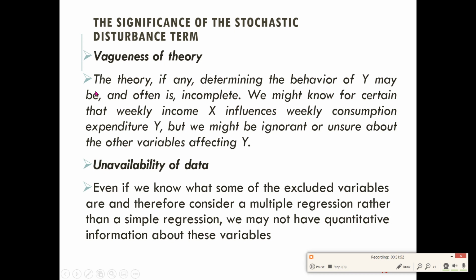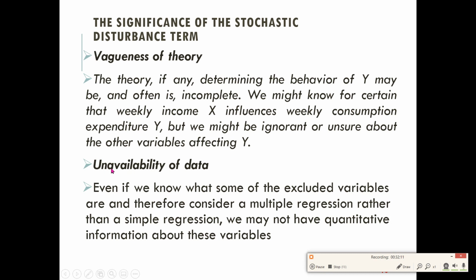So you see, there may be vagueness in the theory: the theory is only reflecting upon income and consumption, but actually consumption is dependent upon many other things that are not included in your model.